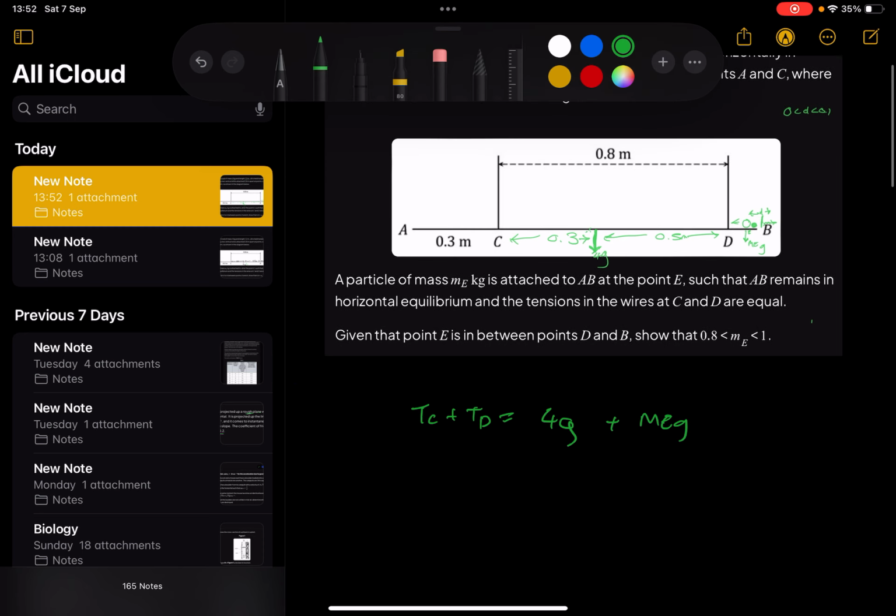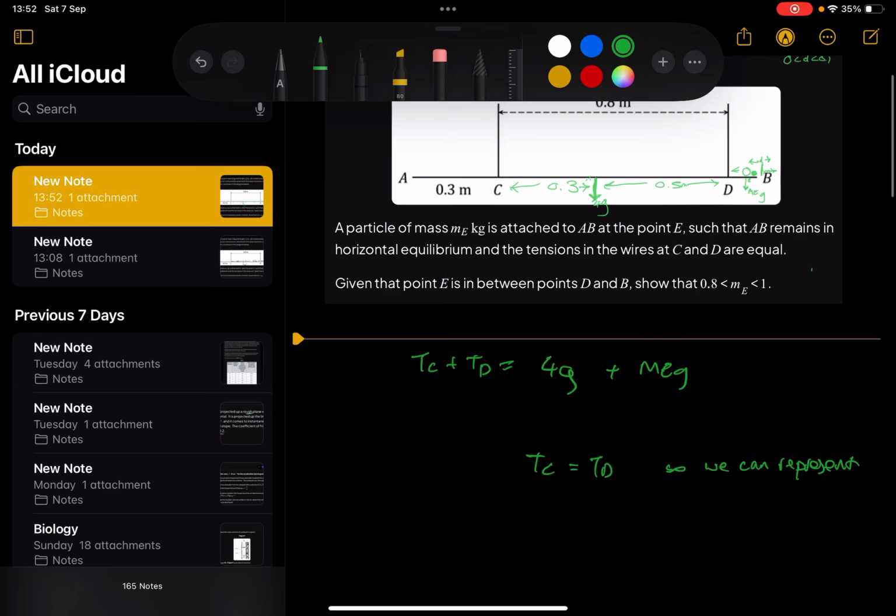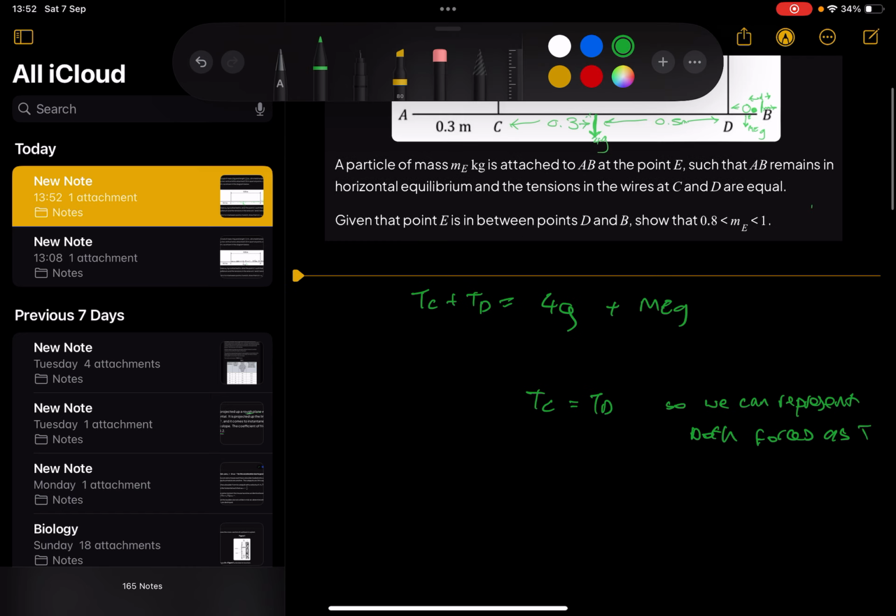And we know Tc equals Td, so we can represent both forces as T, since they're both equal.